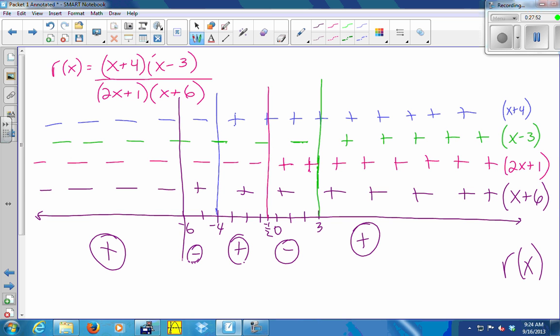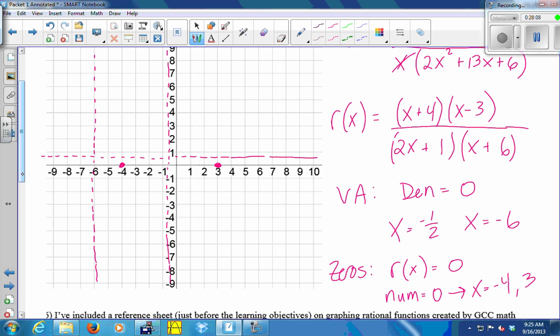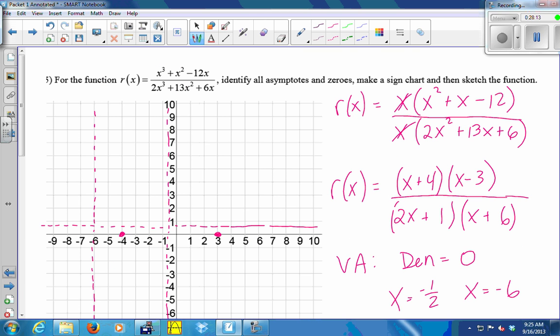Just extend my fences here. Okay, so now I know when the function will be positive and when it will be negative. This will help me graph the function. To the left of negative 6, I know that my function is always positive.